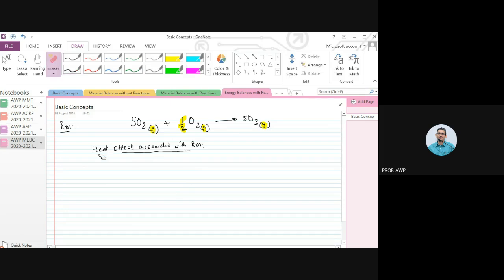Okay, what I mean by heat effects is, we have seen this reaction. Do you think this reaction is exothermic or endothermic?